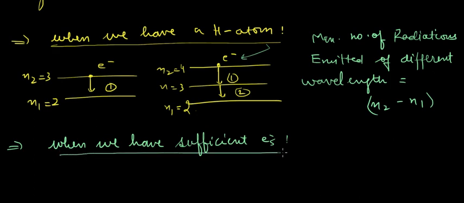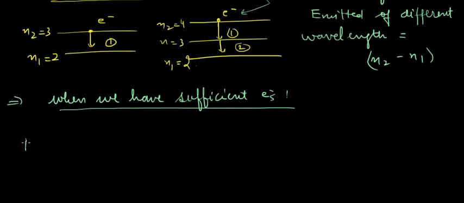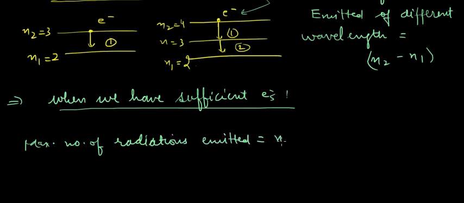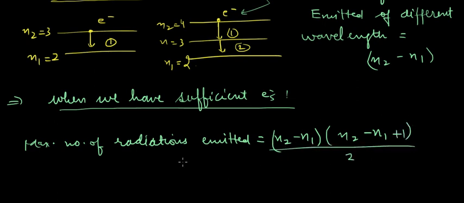In this case the maximum number of radiations emitted would be n2 minus n1 multiplied by n2 minus n1 plus 1 upon 2.